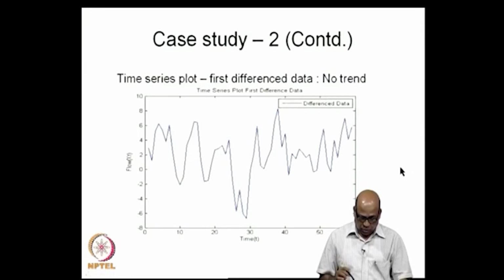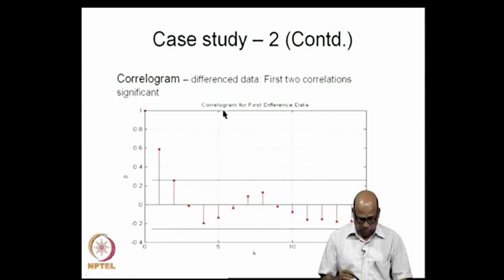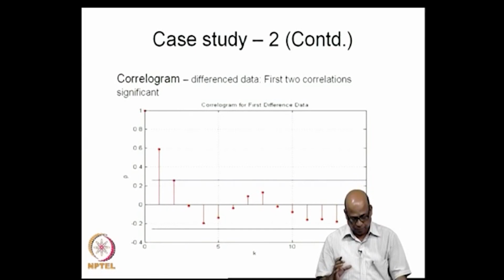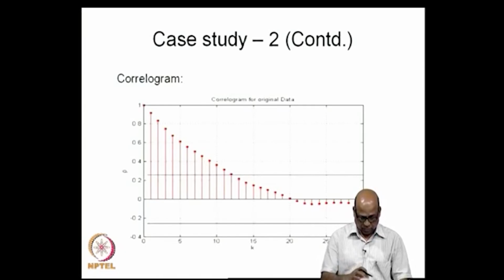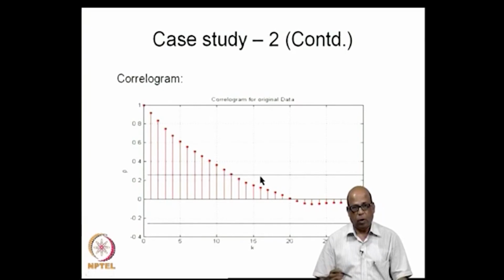We will do the correlogram analysis on this time series now. When we do that, for the first difference data you can see that there is only one correlation, the lag 1 correlation, that is significant, unlike what you saw in the earlier case where there were several correlations significant, almost up to a lag of about 12. Although they are decreasing with lag, they are all significant.